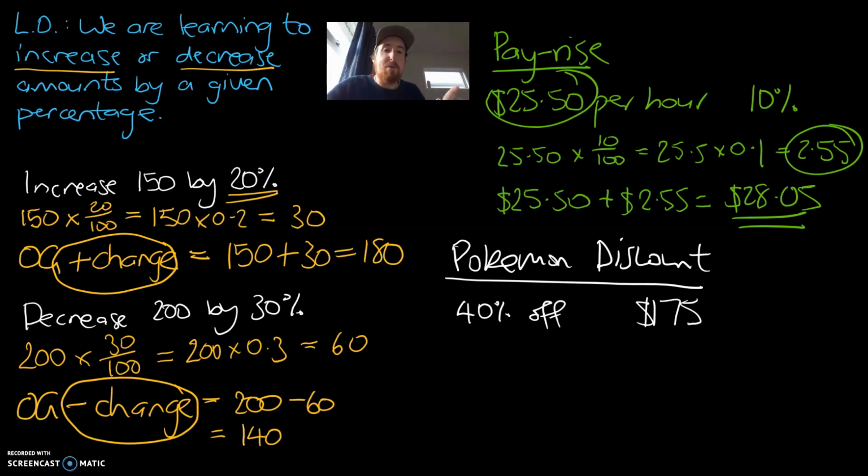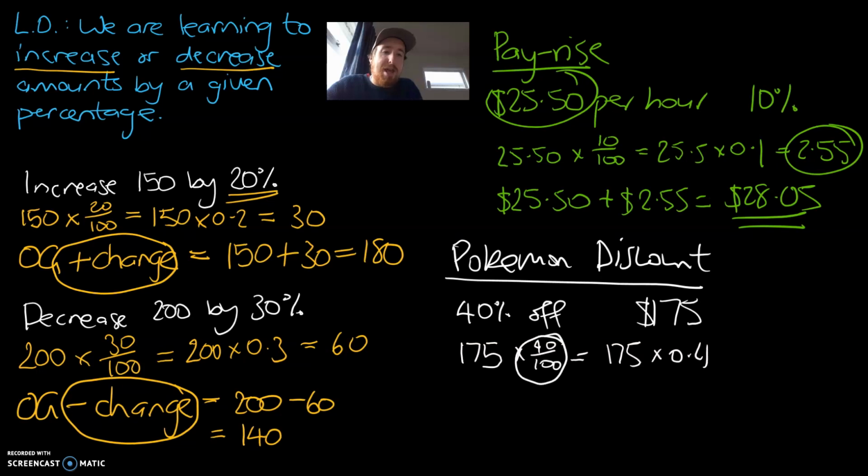So the first step, this looks like a percentage decrease scenario because I'm going to be decreasing my original amount by that percentage. So let's find what 40% of 175 is. I'm going to go 175 times 40 divided by 100, and that's going to be 175 times 0.4.